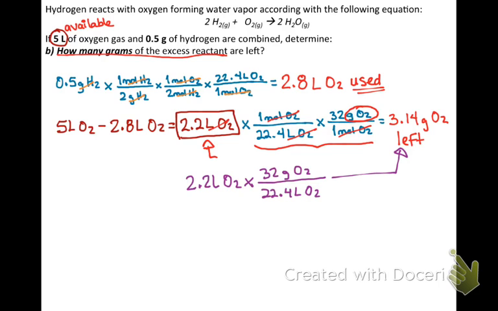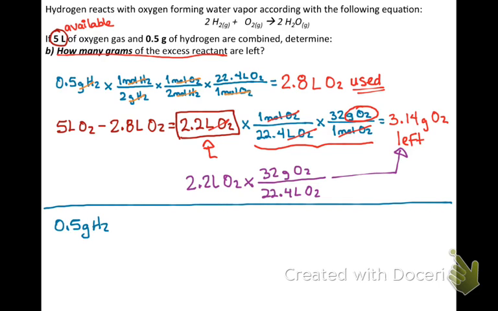Another possible way to do this is to go from the 0.5 grams of hydrogen directly to grams of oxygen. Let's do it. 0.5 grams of hydrogen. Again, first the molar mass of hydrogen: 2 grams of hydrogen is 1 mole of hydrogen. Then the mole ratio again: 2 moles of hydrogen equals 1 mole of oxygen.